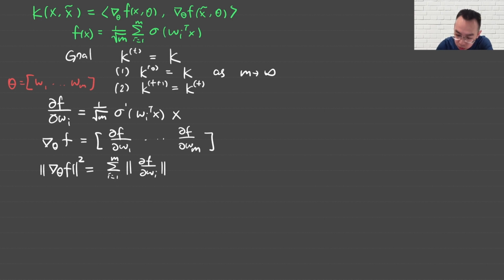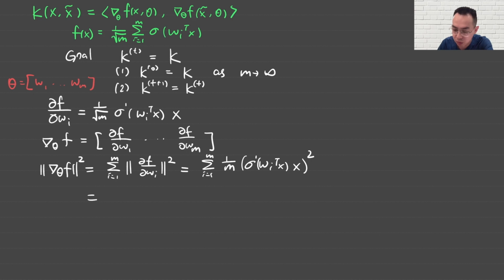So that equals, and then 1 over m, then sigma prime squared of this one.